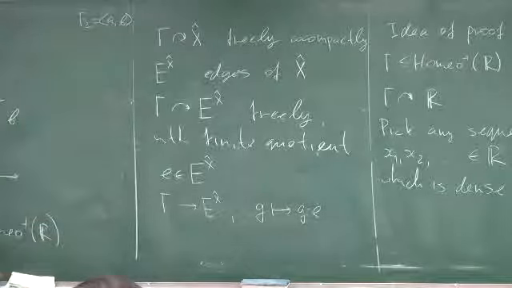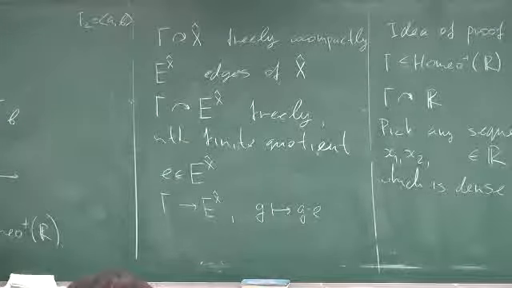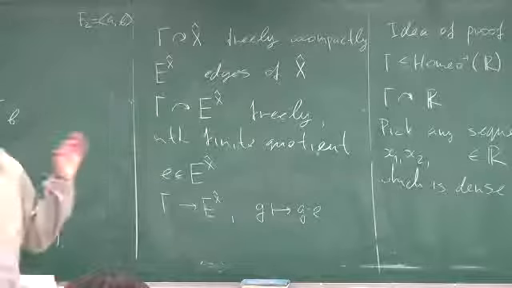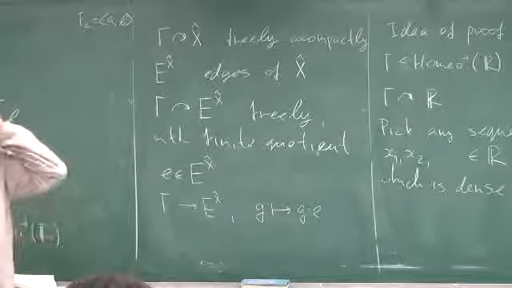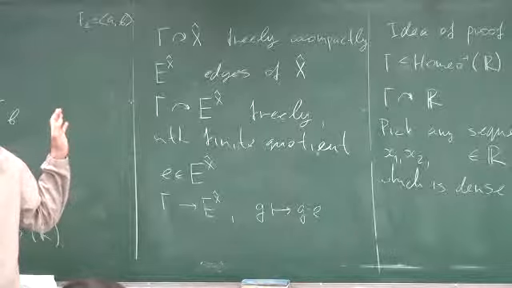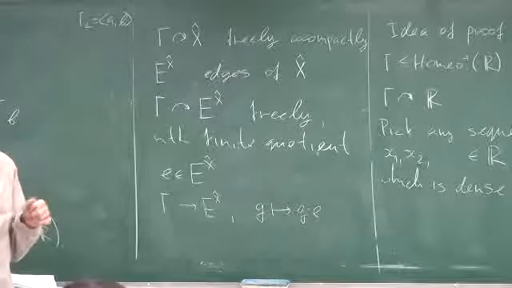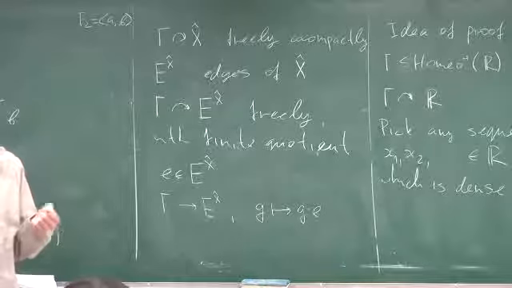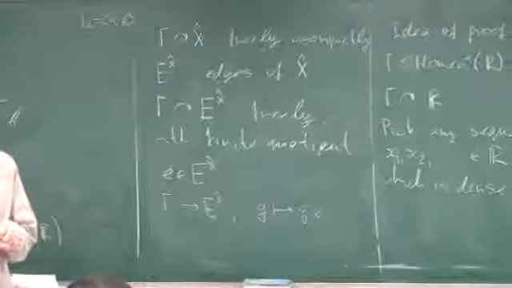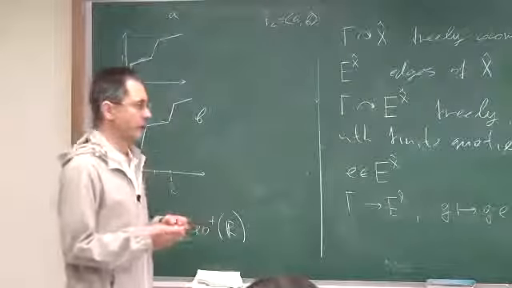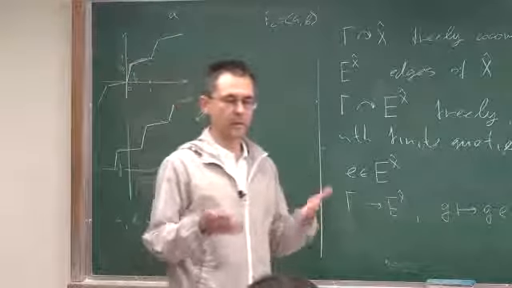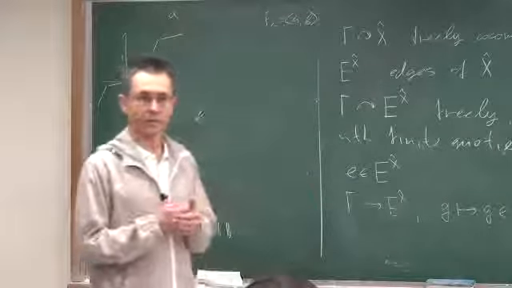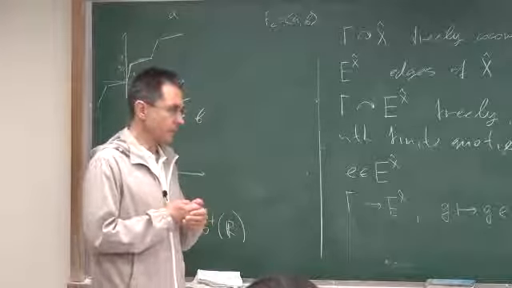Yeah? Do you allow gamma to reflect the edges? We assume that the edges are oriented, like in a Cayley graph. So start with any group, consider its Cayley graph with respect to some finite generating set.